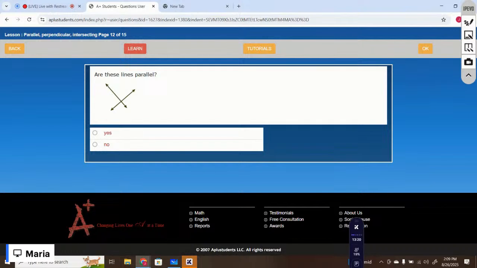No, they are not the parallel lines. They are intersecting lines, right?